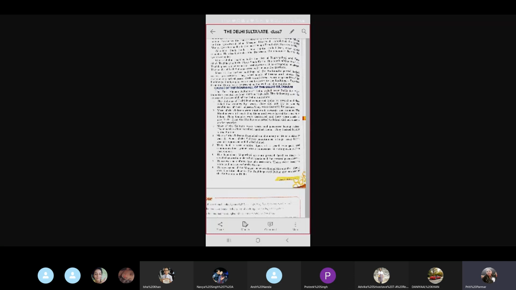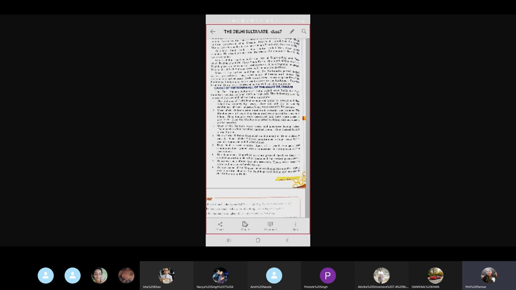Okay. Then number six, feudalism, that means the Jagirdari system, proved fatal to them. It created powerful nobles but weakened the central government. Now, in the feudal system, the Jagirdars or the nobles who were given Jagirs became powerful, and they became gradually so powerful that even the king got weakened at the center.